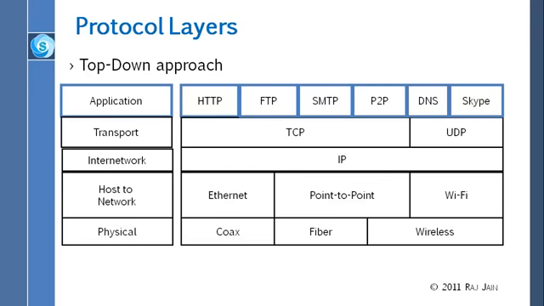Then whatever gets it, my computer got this message, now it has to decide which of these applications to give it to. So when TCP gives it to any of them, it uses the port number. So a port number is simply a TCP address. TCP has one address for HTTP, one for FTP, one for SMTP and P2P and so forth. So port number has nothing to do with the socket whatsoever.